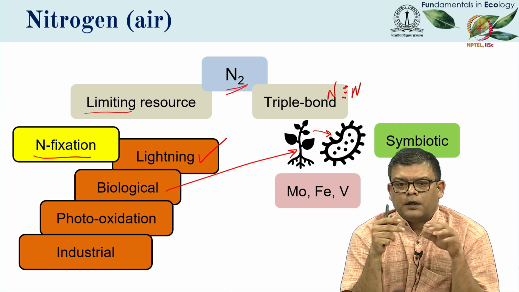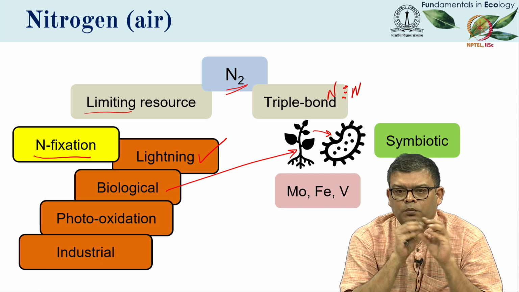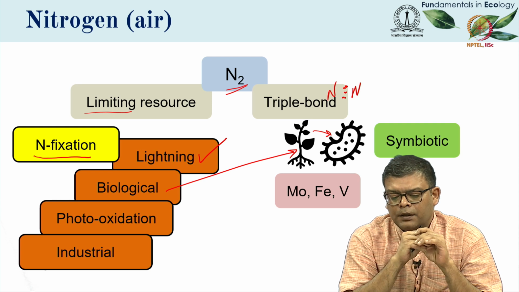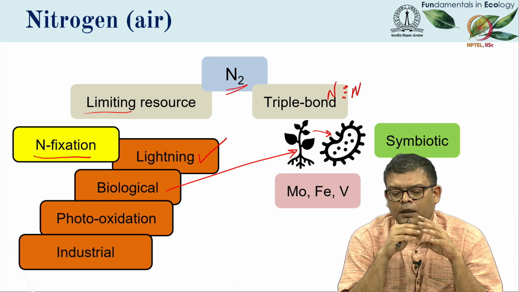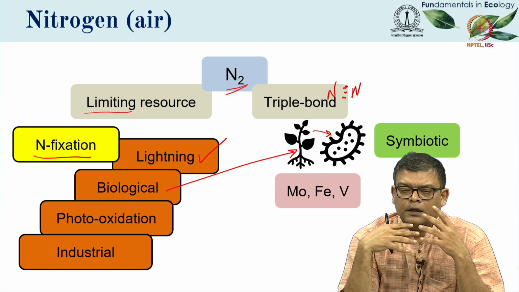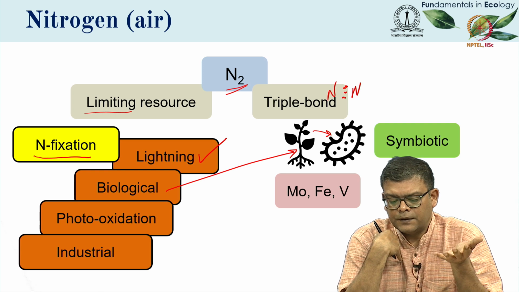These legumes have in their roots little nodules where microbes can go and live, and they provide anaerobic conditions for these microbes, who contain a very specific enzyme that is able to manipulate the triple bond of atmospheric nitrogen and convert it into reactive forms of nitrogen. This is nitrogen fixation, and these bacteria are called rhizobia.